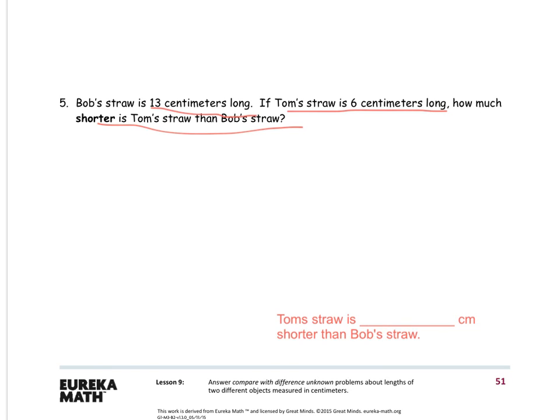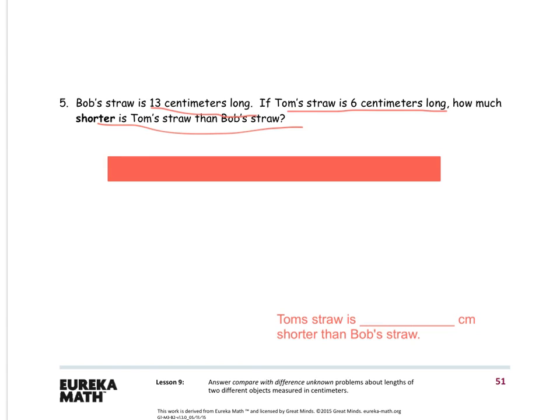Now I'm going to try to model this out and draw it. So I know that I'm looking at 13. So I'm going to do Bob in red. And now I'm going to try to break this apart.